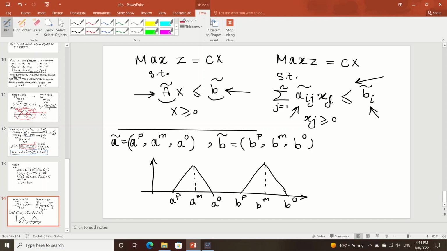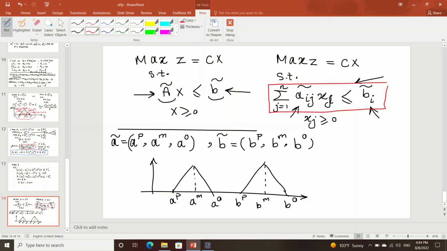Then we consider three parts for the constraint. For example, if you have one constraint with fuzzy numbers, you can differentiate one constraint into three constraints.